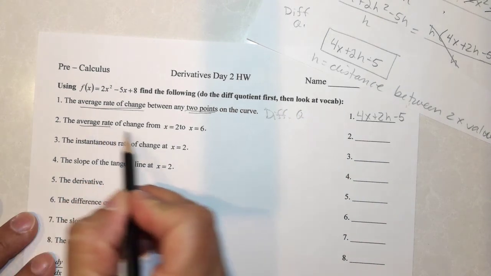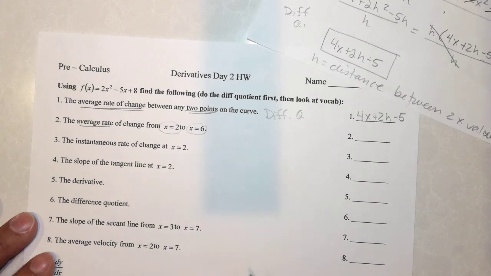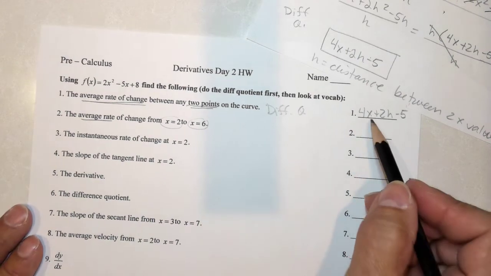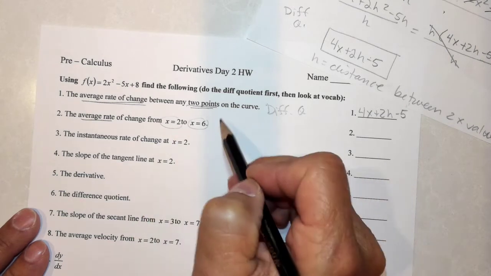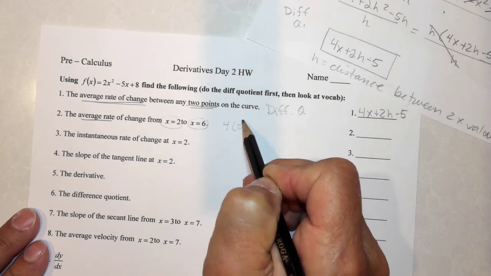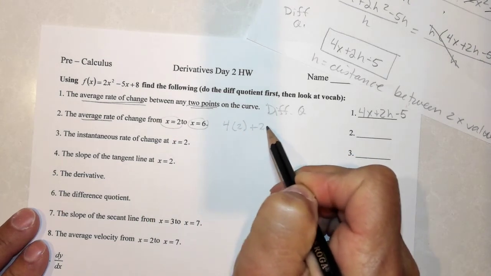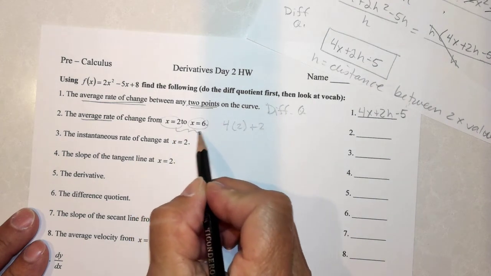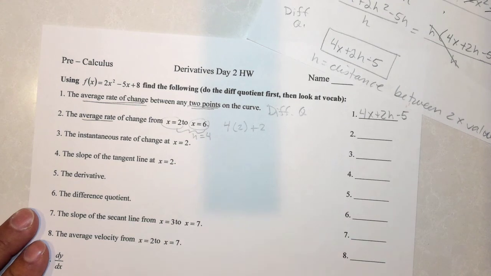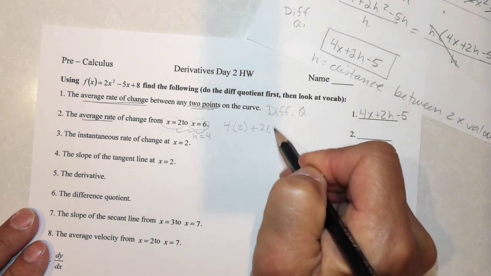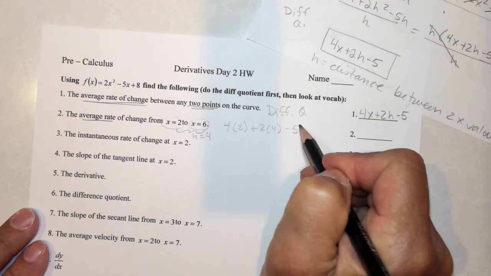How about the average rate of change between these two? Okay, so now I'm going to actually use this. So I'm starting at an x of 2, so I'm going to say 4 times 2 plus 2. Now keep in mind that h is the space between them, so from 2 to 6 would give me an h value of 4. So I'm plugging that in here, and then minus 5.